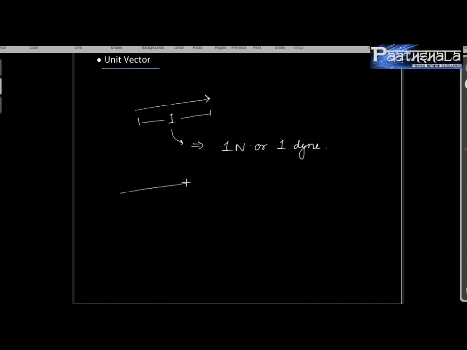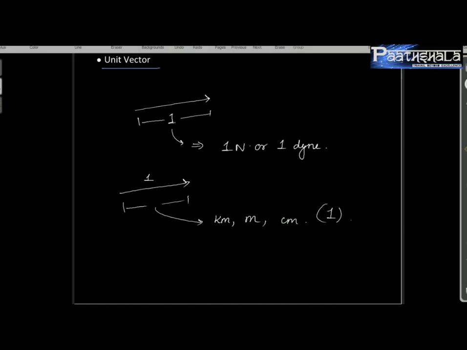If this 1 unit represents displacement, then the magnitude can represent kilometers, meters, centimeters, whatever you have chosen as 1 unit.